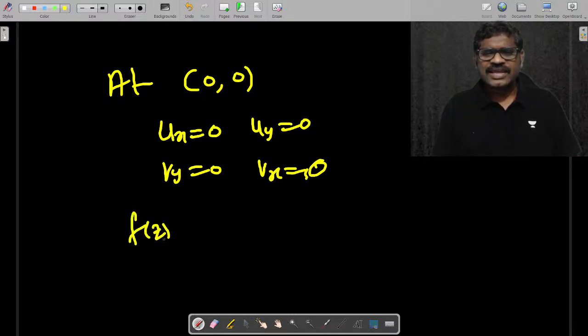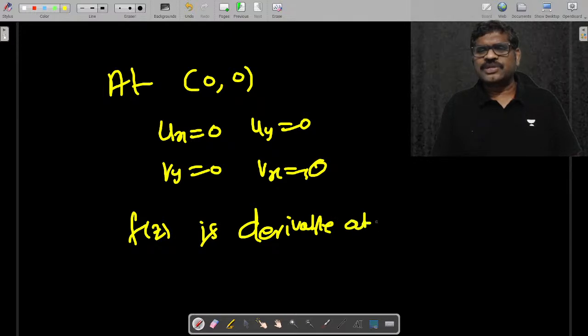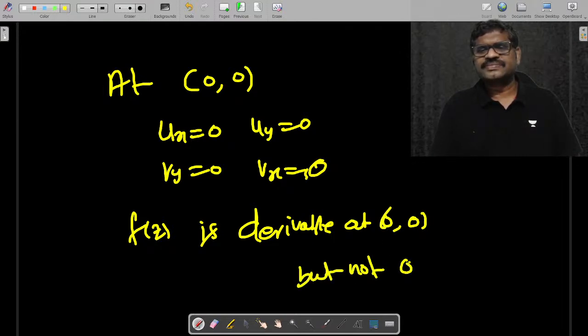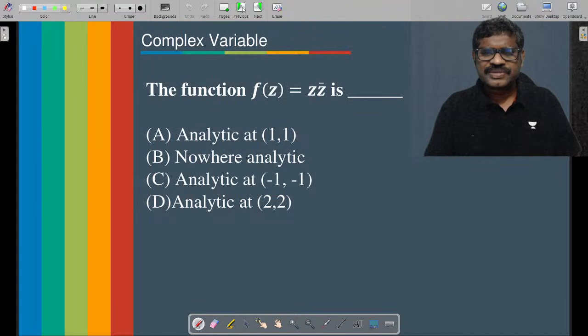Therefore f of z is derivable at 0 comma 0 but not analytic at 0 comma 0. So the function is not analytic at any point, but it is differentiable at 0 comma 0. So nowhere analytic is the correct answer.